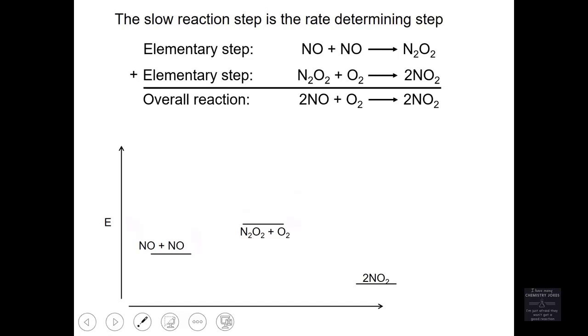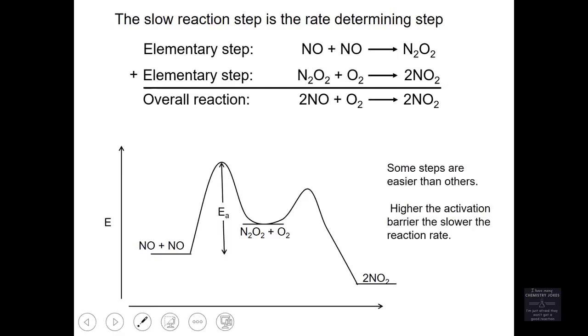Reaction coordinate diagrams also show lumps and bumps connecting all of those shelves together. And the size of those humps tells me some stuff about the reaction. This first hump is taller than this second hump. So what that tells me is it takes a ton of energy to climb up to this first transition state.